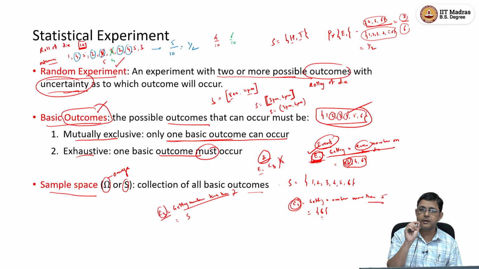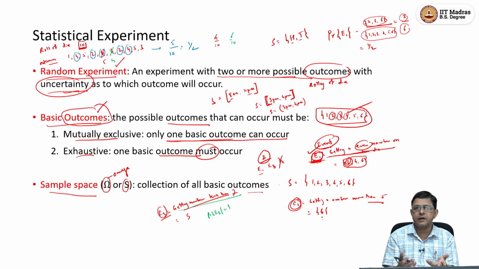When you count events, those probabilities do not have to add up to 1, right. For example, the probability of E3 itself is 1: getting a number lesser than 7. Any number you get on the roll of a die is always going to be lesser than 7.